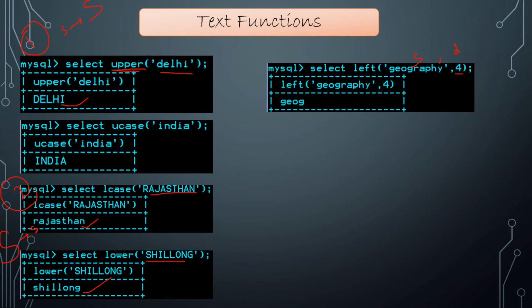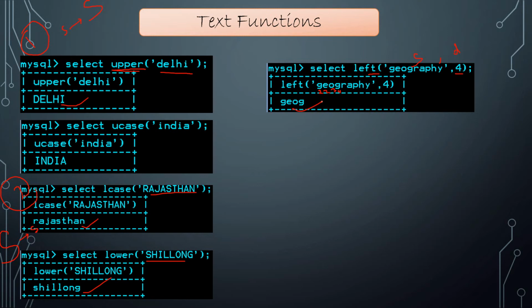I want to fetch 4 digits. So write select, then the function name left, then your string name, comma, and the digits that you want to fetch. I have written 4 over here. Just count from the first one: 1, 2, 3 and 4. So you can see in the answer we are receiving GEOG.